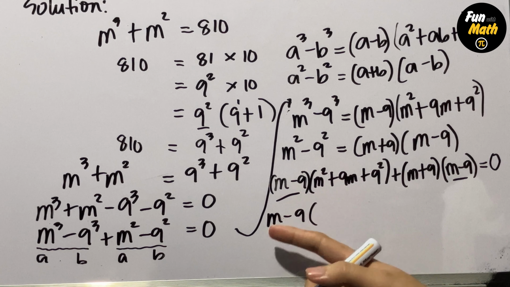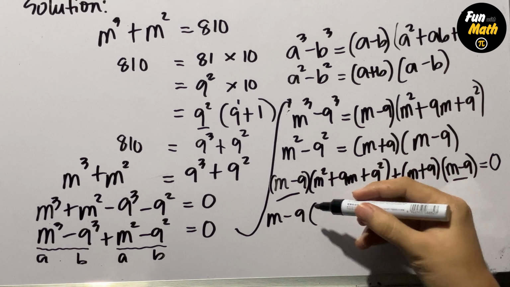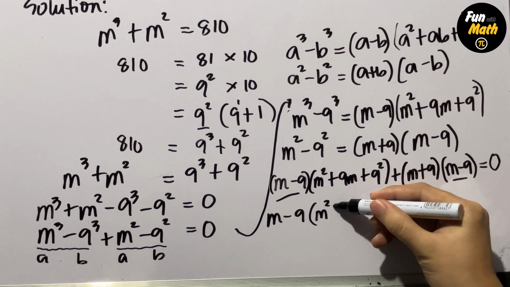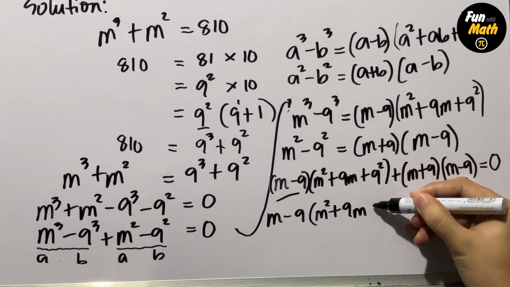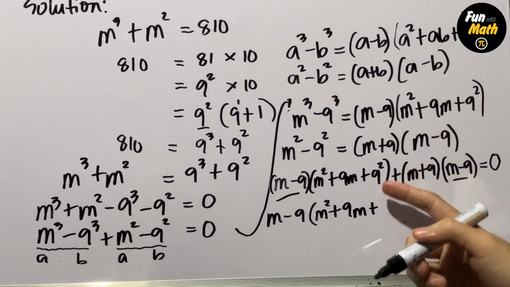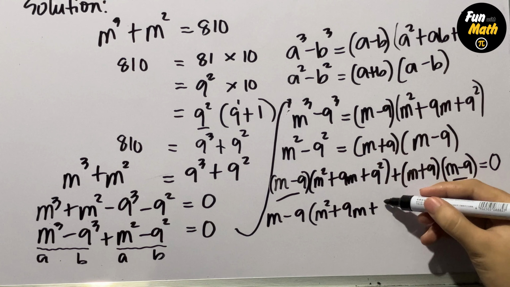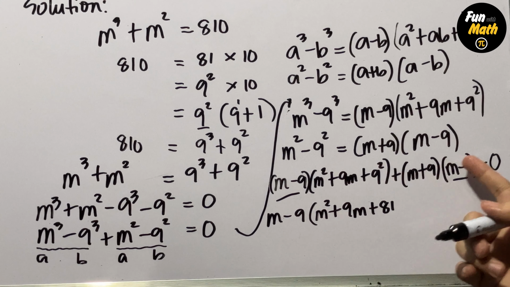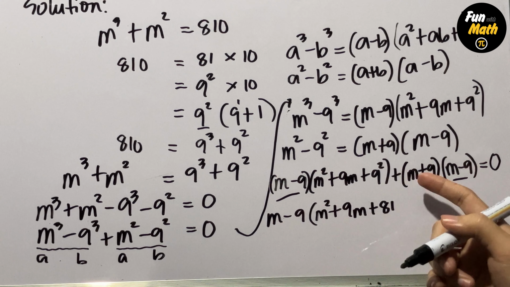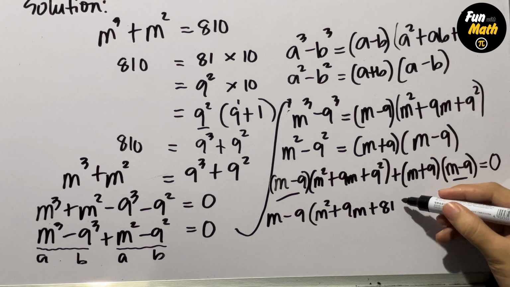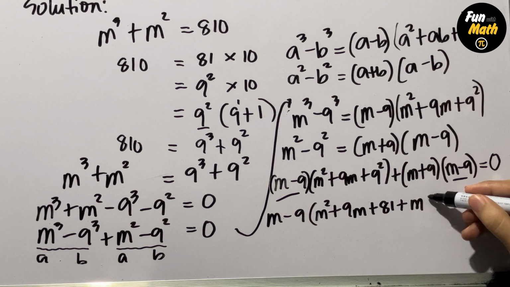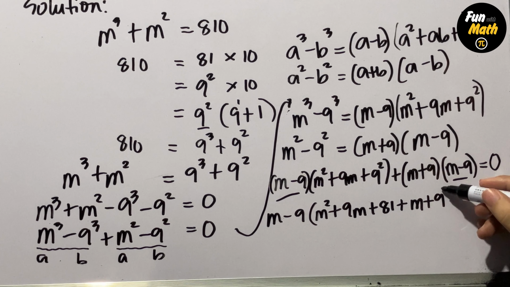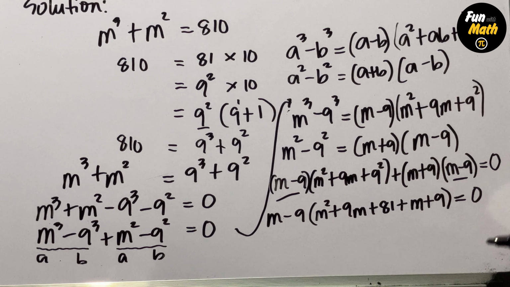This is cancelled, so we're left with m squared plus 9m plus 9 squared, which we can write as 81. And for this, (m plus 9) times (m minus 9) divided by (m minus 9), this is cancelled, and we're left with m plus 9. So that is plus m plus 9 equals 0.